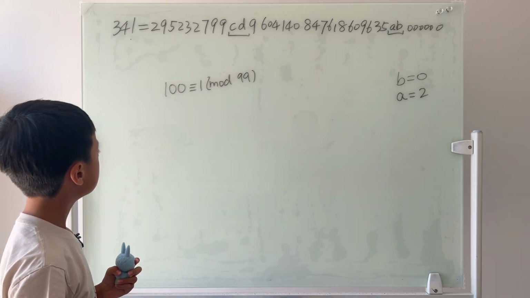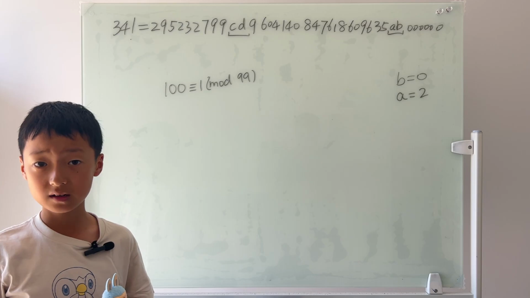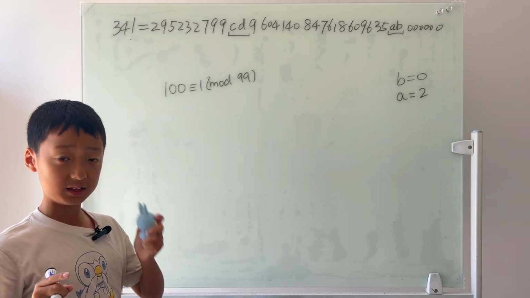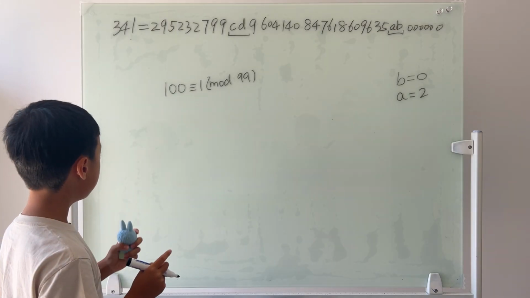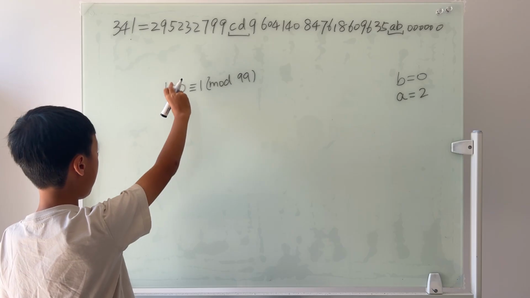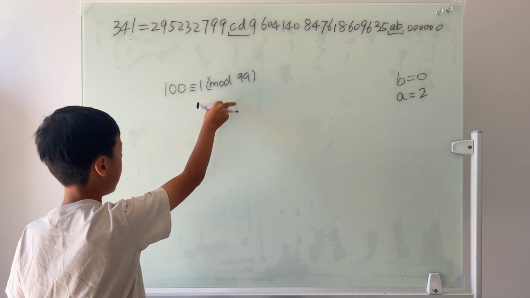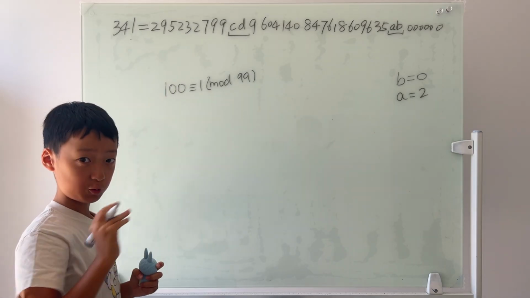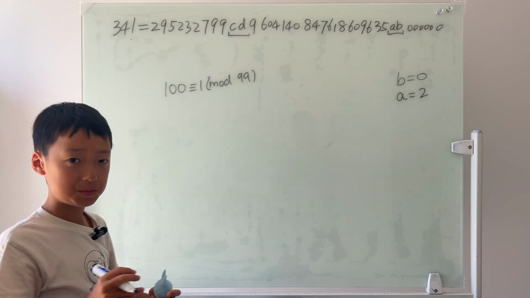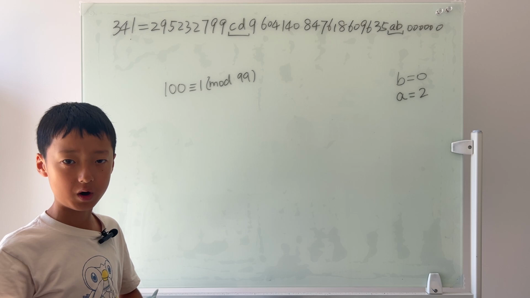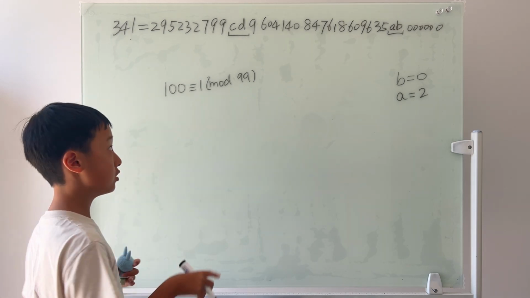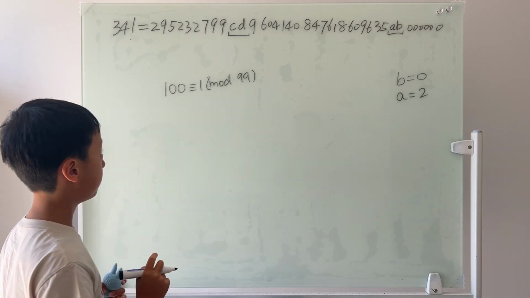Now, this means that if we use our little property that I said in the last video, then we will know that this is 10 squared, and that if we copy and paste this to the next line, then it'll be 10 squared again. And we can multiply them together to make 10 to the power 4 also congruent to 1. So this means that every even power of 10 is always congruent to 1, mod 99.